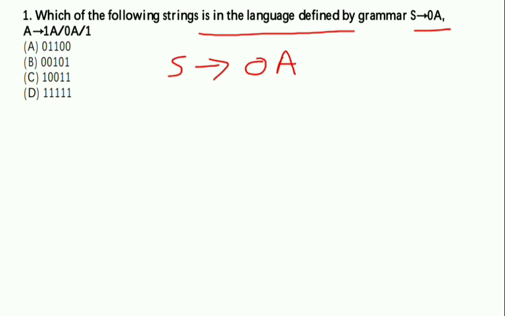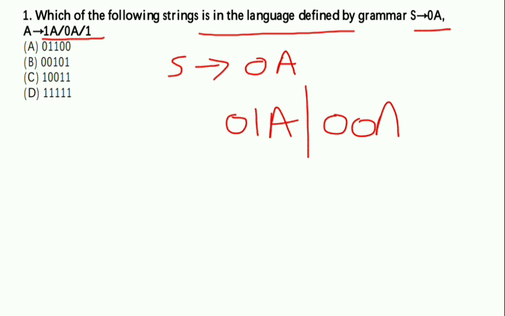That means in the place of A, we can substitute any of these values. So, we can place 0, 1A or 0, 0A or 1. Now let us substitute the left hand side one. So, 0, 1, 1 and 0, 0, 1. We are placing 1 in the place of A directly.